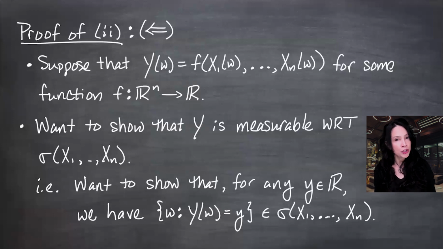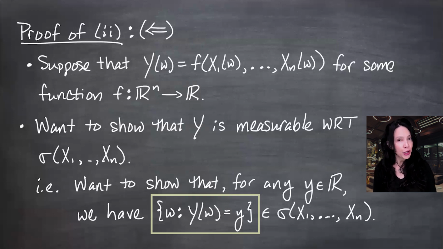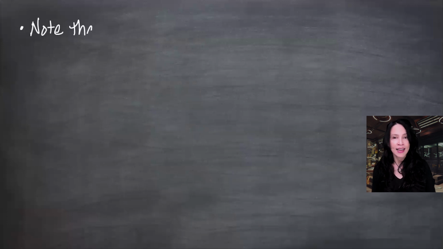One way I might show that this set is in sigma of x1 through xn is to show that it has the form of the sets given by part I of this theorem. In other words, I would like to write this set of omegas for which y of omega is equal to little y as a set like this.